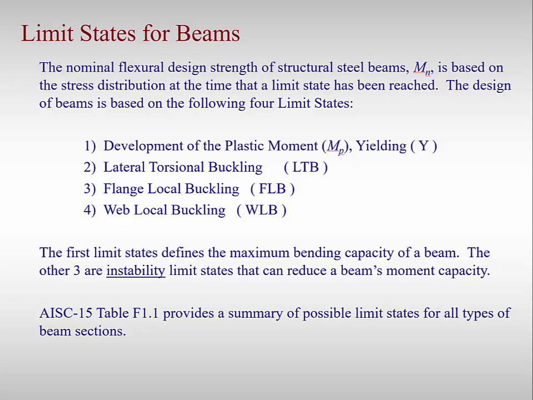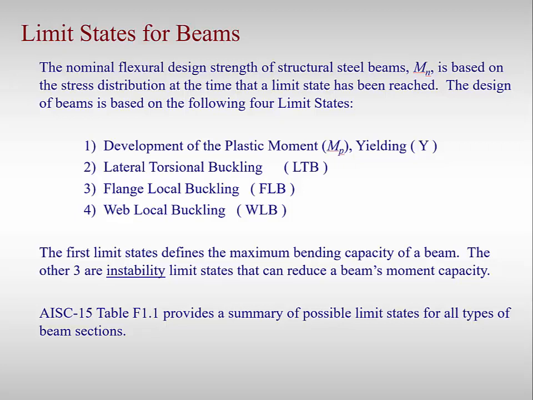The maximum possible moment capacity is defined by the yielding limit state and is given as the plastic moment M sub p, where the stress distribution is fully yielded or plastic. However, certain conditions may result in instability of the beam either globally or locally, and a lower moment capacity will result. This includes lateral torsional buckling, flange local buckling, and web local buckling.